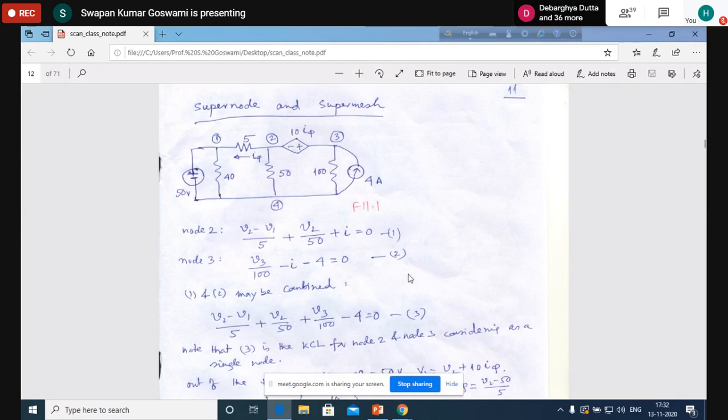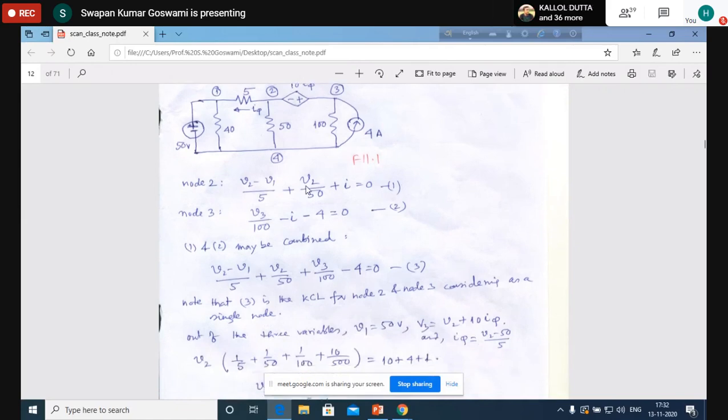Now let us combine these two equations, 1 and 2. Our variables are V1, V2, V3, and I. There are 4 variables, obviously, and out of these V1 is known, so we have 2 equations and 3 variables.